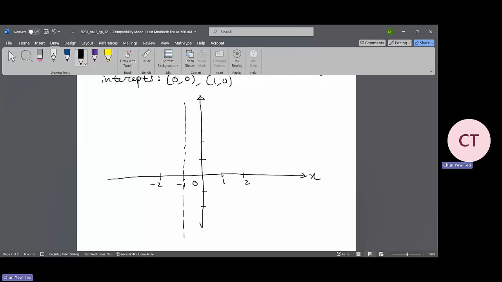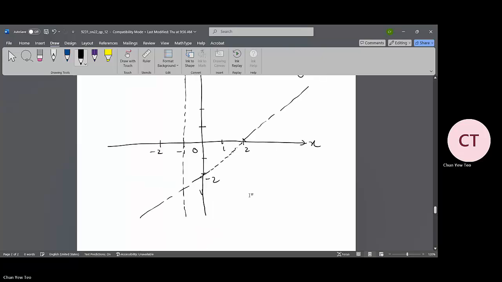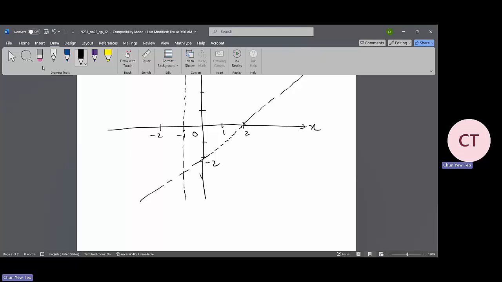What is your oblique asymptote? The oblique asymptote, OA, is this: y = x - 2. So this will be my oblique asymptote. We need to draw it nicely. It seems like I need to extend a little bit longer here.